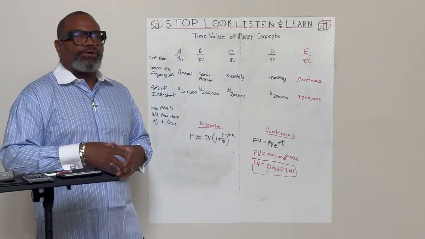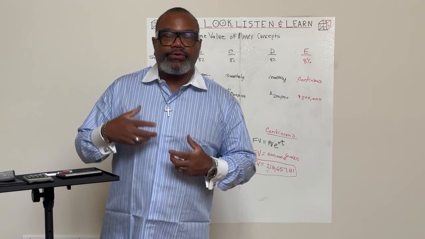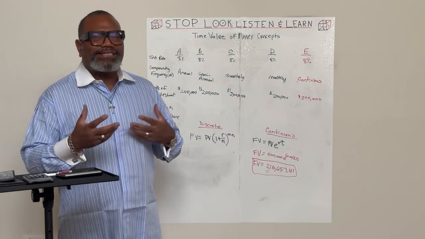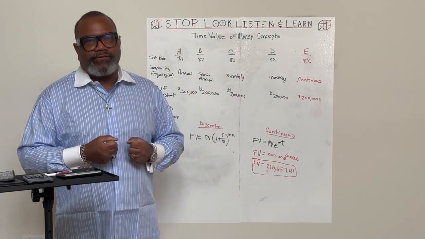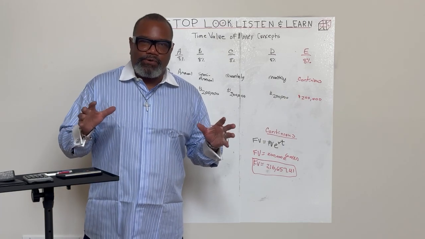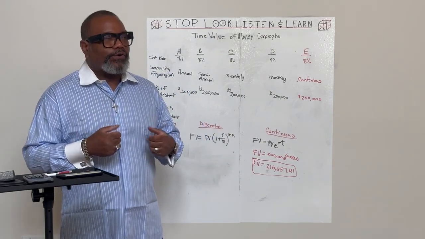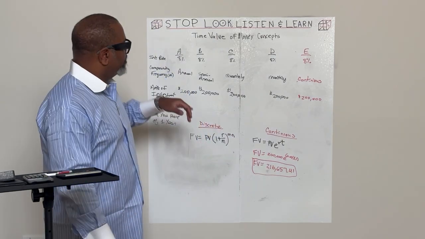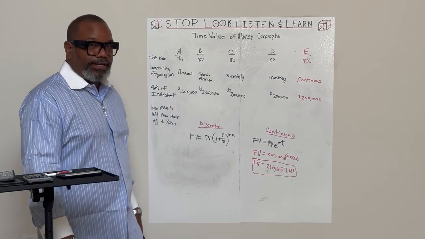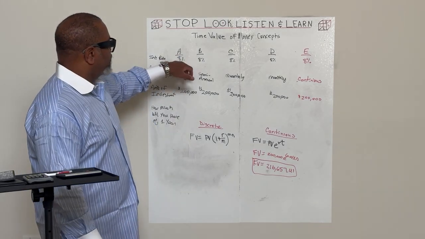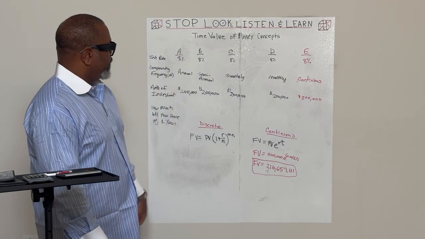So your spouse's friend's response is, well, no, I can't change the compounding frequency because that's something that's set by the board. But I do, however, have some discretion in terms of being able to set the stated rate. So I can increase the stated rate above 8%.